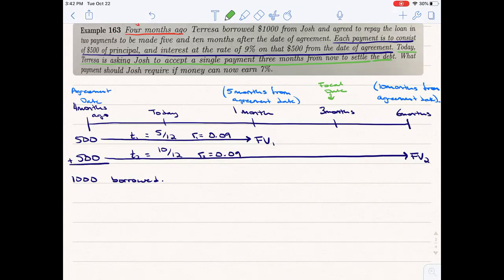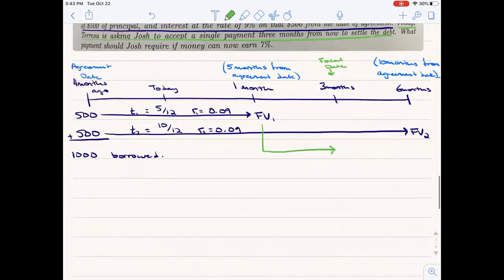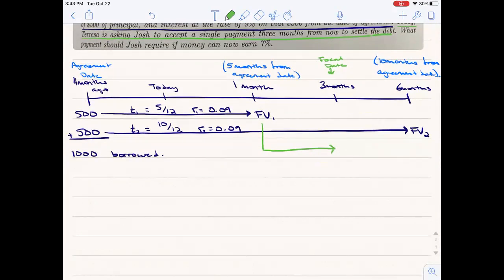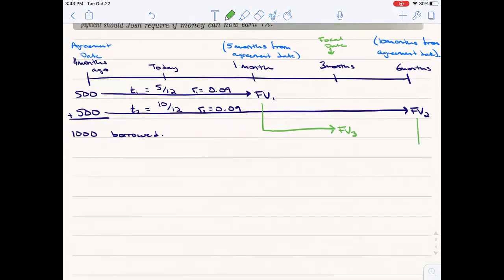So we take this future value 1, once we've calculated it, and we calculate future value 2 later, so this was going to be our future value 3. And future value 2 is going to get discounted, bless you, to P4, because it's getting pulled backwards, so it's going to be a principal amount.